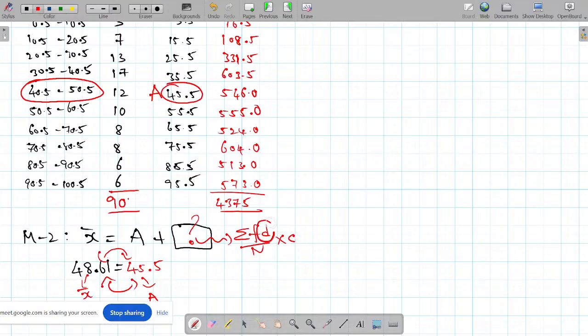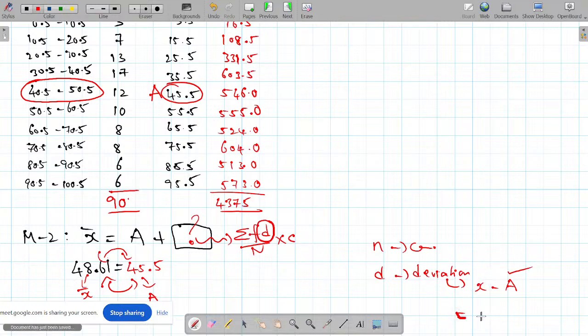We know n is nothing but the size, the cardinal number. Small d is nothing but deviations. This deviation is taken from my assumed value: X minus 45.5.